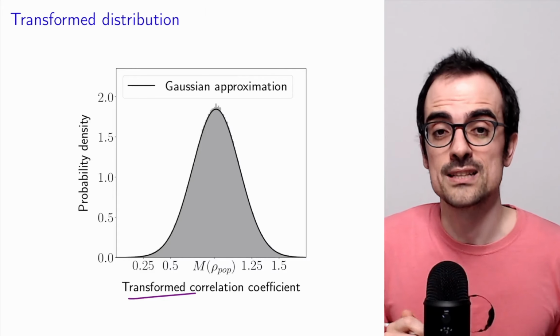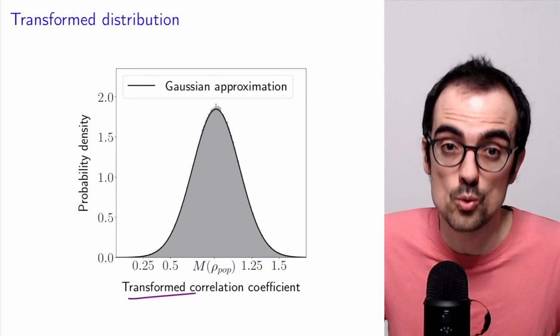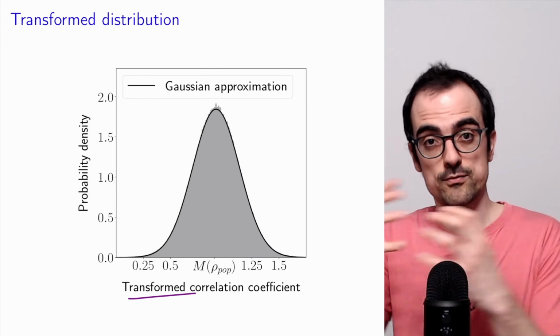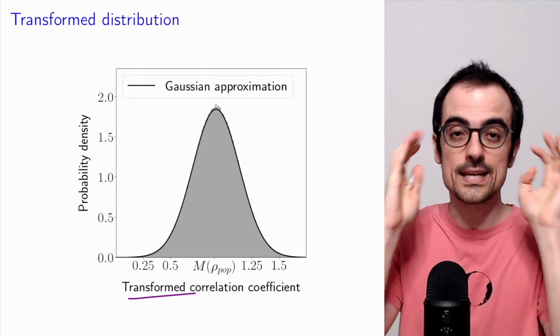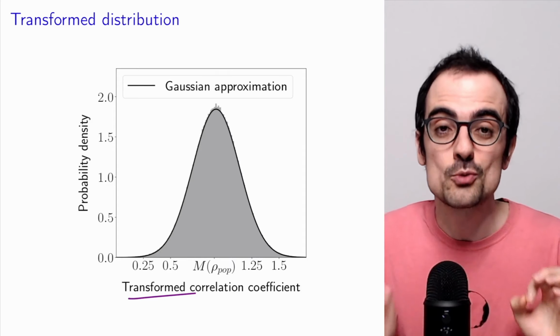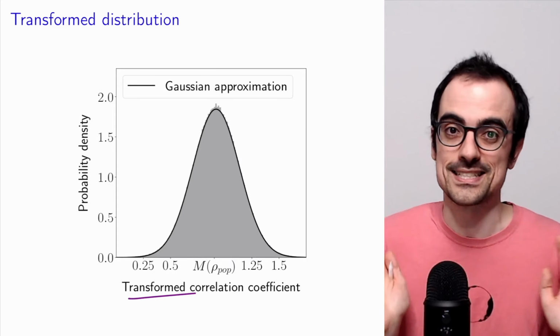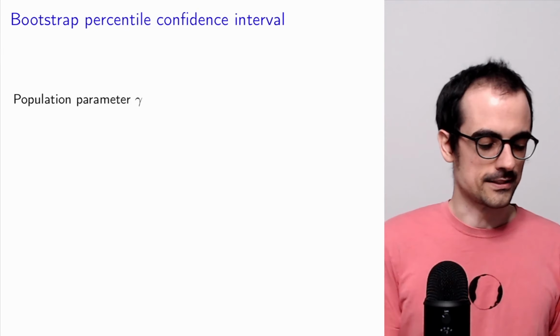We're going to show that the bootstrap percentile confidence intervals are going to work when we have a monotonic transformation that transforms the estimator so that it has a Gaussian distribution. But the beautiful thing about this is that it does not require knowing the transformation. The transformation just needs to exist, which is quite amazing. Let's see why this is the case.